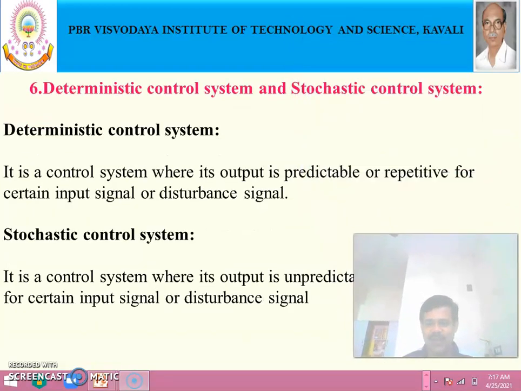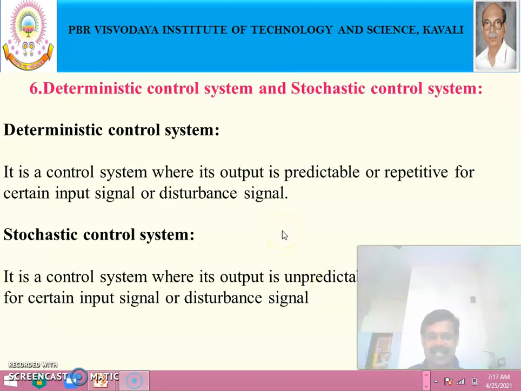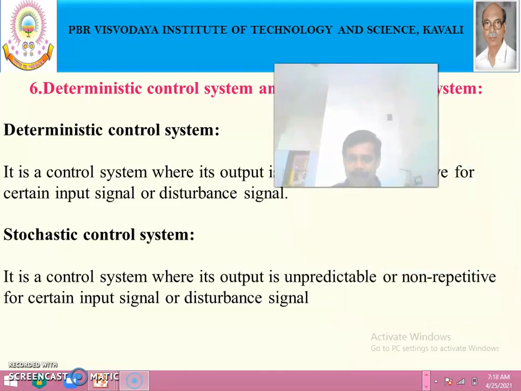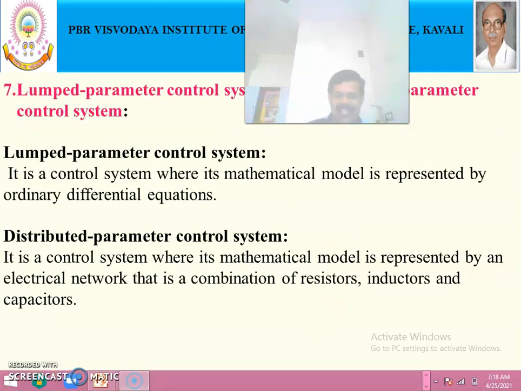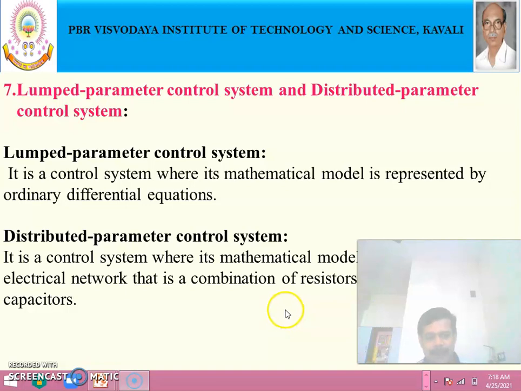Now next we are going to see the next classification, deterministic control system and stochastic control system. If the output is predictable, then it is a deterministic control system. If the output is unpredictable, then it is a stochastic control system. Next classification is lumped parameter control system and distributed parameter control system.